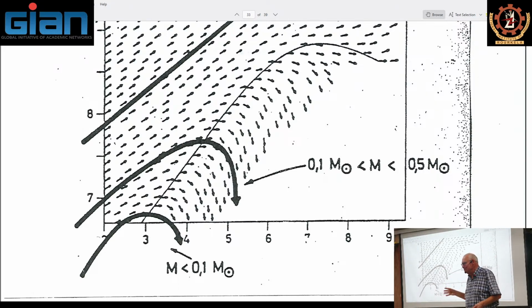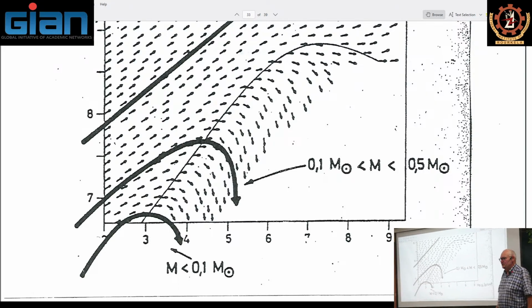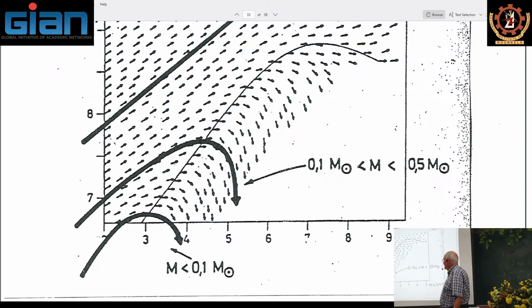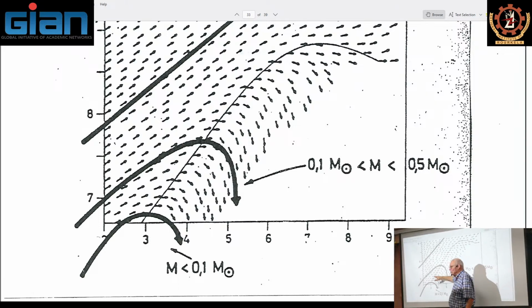Which nuclear fusion is it? It's hydrogen. Hydrogen fusion occurs around 1 times 10^7 K. So a star with mass smaller than 0.1 solar mass will not reach hydrogen burning. It has to be bigger to reach hydrogen burning.